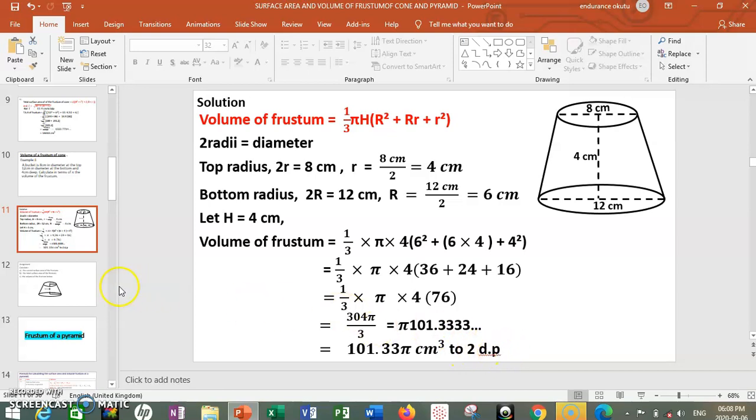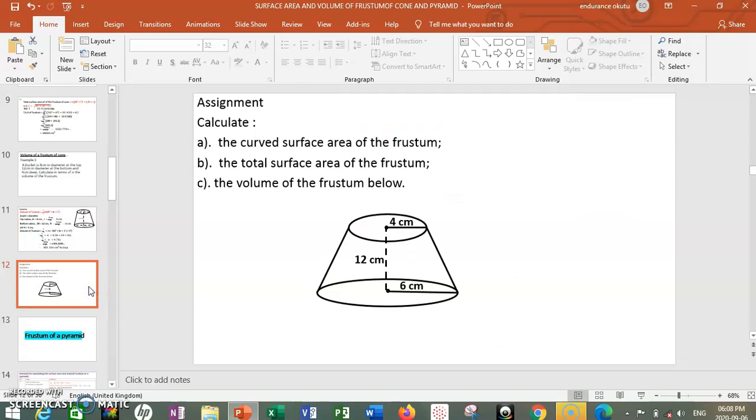Okay, all right, students. Now I need you to do this as an assignment: calculate the curved surface area of the frustum and the volume of the frustum. So students, ensure you study the slides, watch the videos, and solve this question.